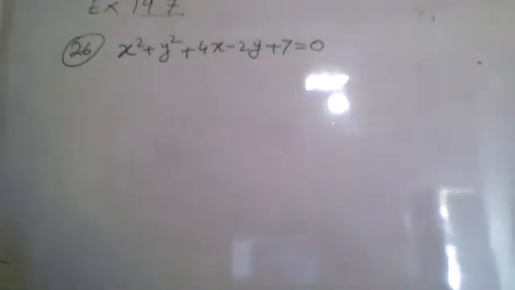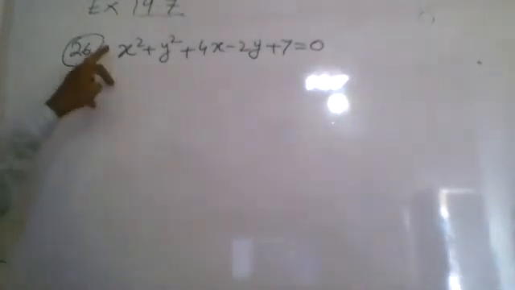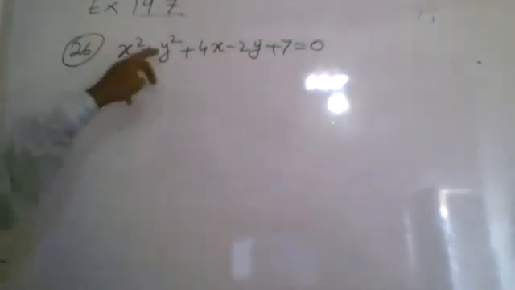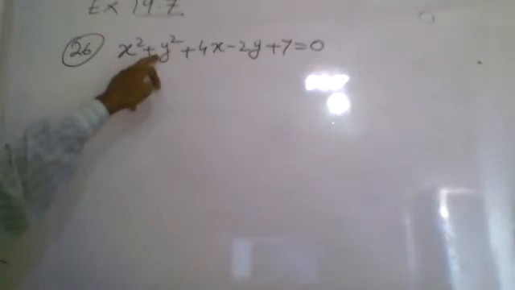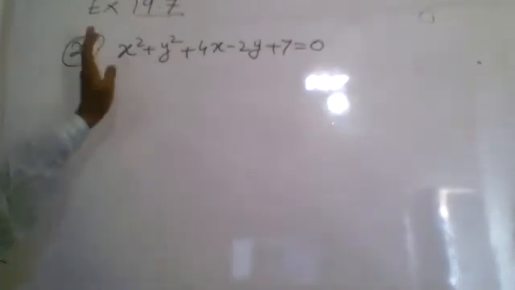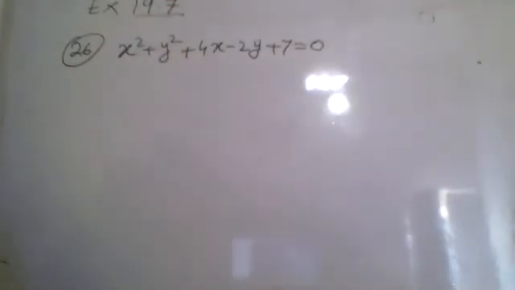Second step, the coefficient of x square and y square should be equal to 1. If it is not 1, we have to divide by the number so that the coefficient of x square and y square becomes 1.